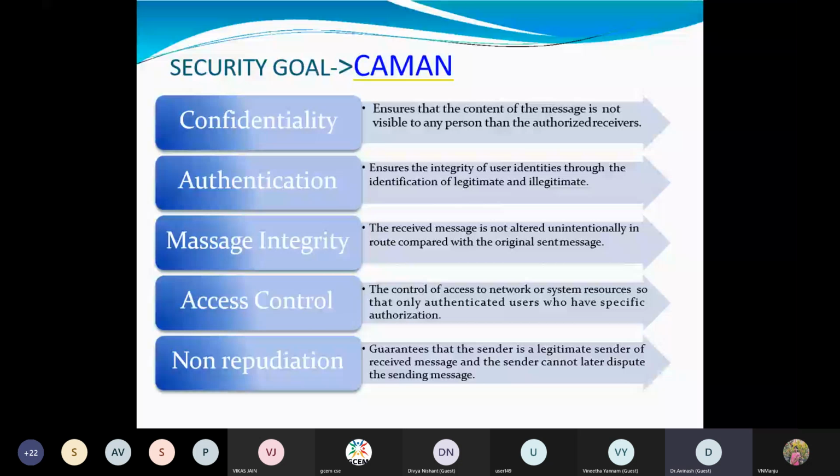So these are the security goals, and if we can achieve confidentiality, we can achieve authenticity, we can achieve integrity, we can achieve the access control, we can achieve the non-repudiation. All these parameters say that we achieve 100% of our security goals.